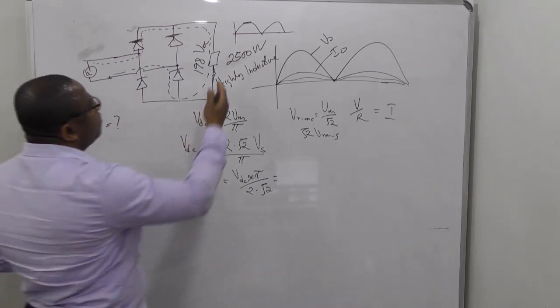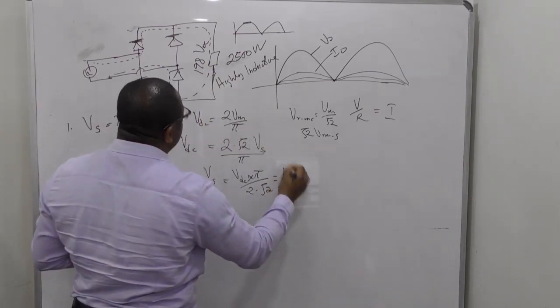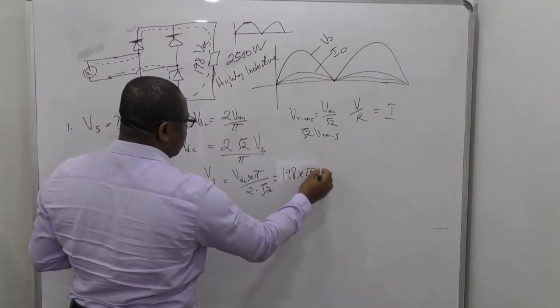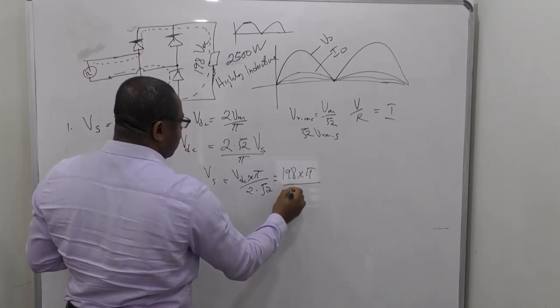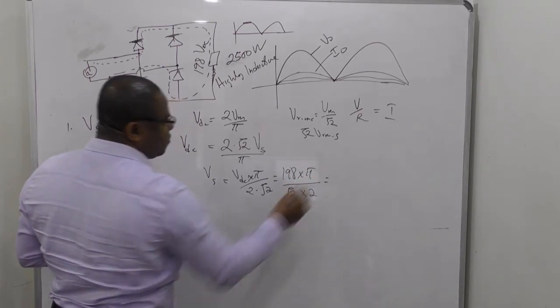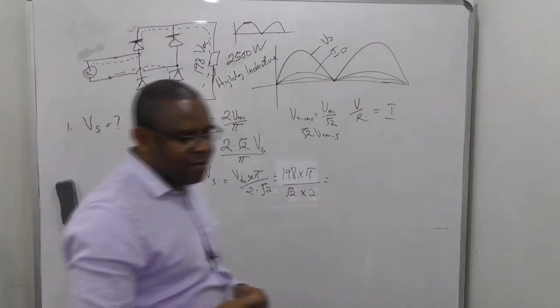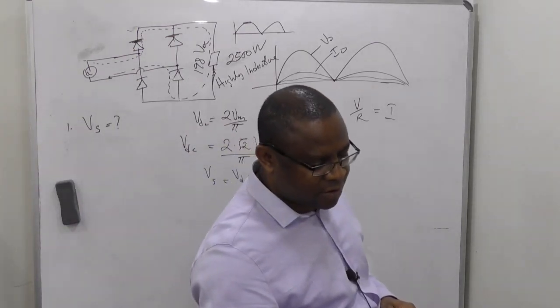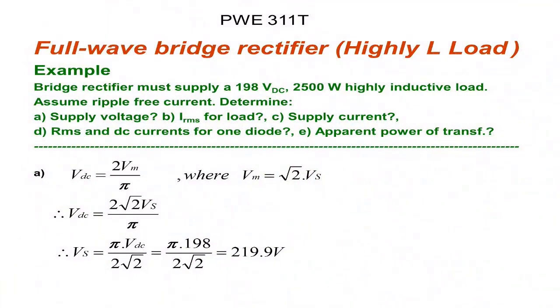VDC is given as 198, so 198 times pi by root 2 times 2, and that's how you get 219.9.